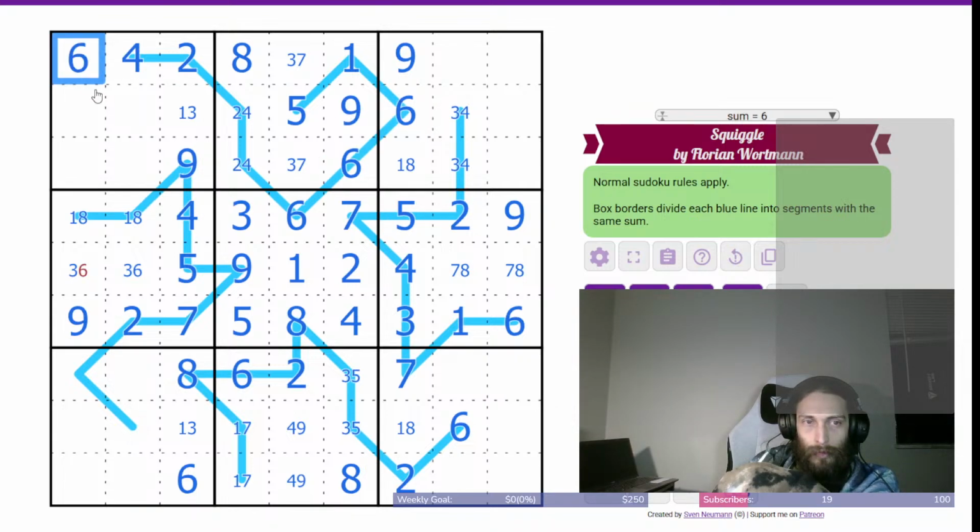Two 6s means that's a 6. Has to be 4, 5.